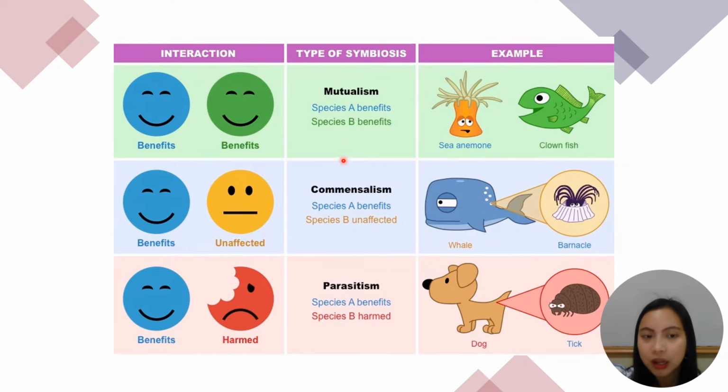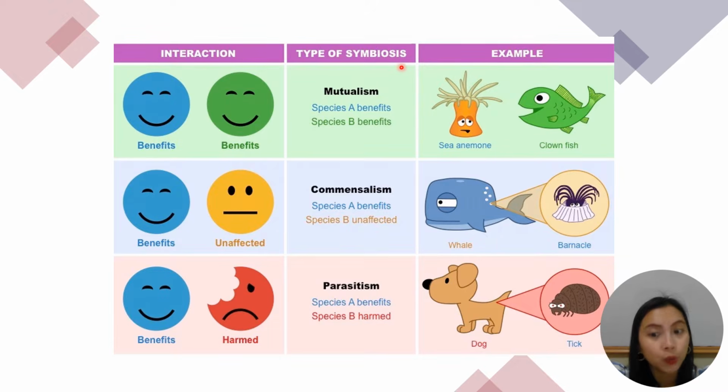Is that clear? So even if that's a parasite, if the host is healthy or not immunocompromised, then the host is unaffected. But the other species can benefit from it because it feeds there, right? So that's what we call commensalism.